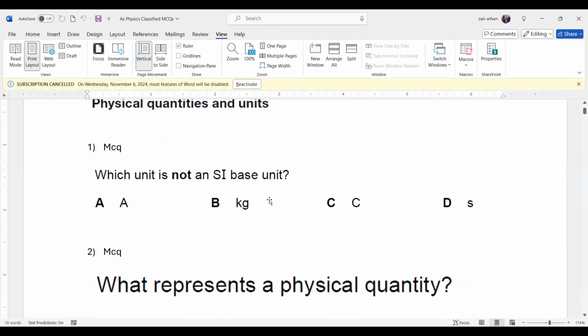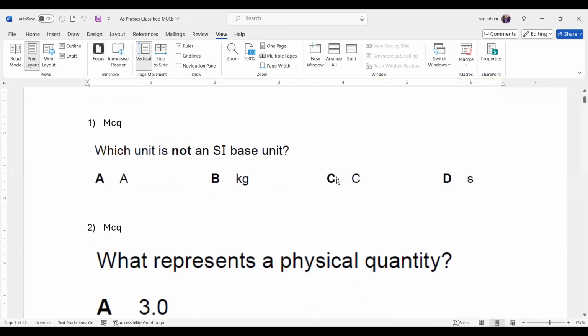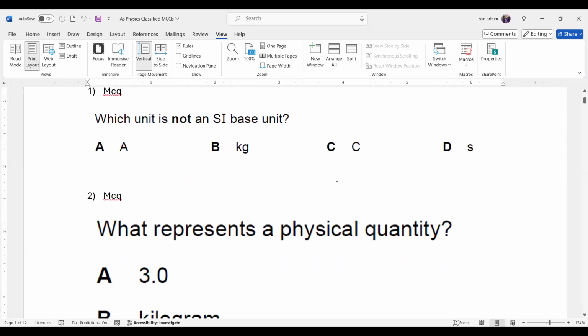Use the chat to answer the questions. First MCQ, which is not an SI base unit.